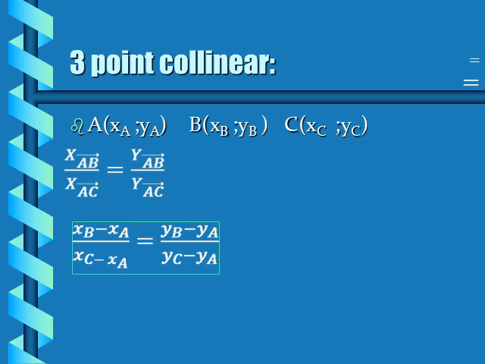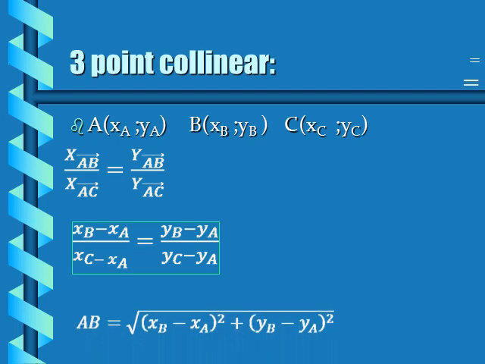How to find the length AB? AB is equal to radical of (xB minus xA) squared plus (yB minus yA) squared.